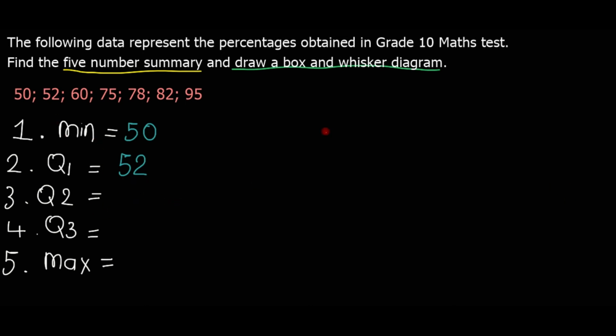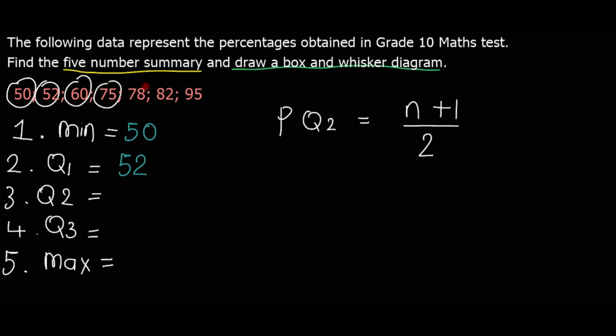So o ka šomiša this formula ge o nyaka go find the median. Position ya Q2 e lekana le n plus 1 divide by 2, and then n, remember give the number of values in our data: 1 2 3 4 5 6 7.